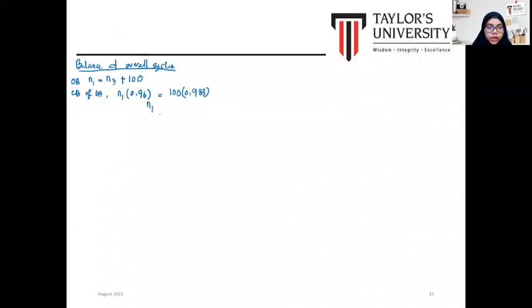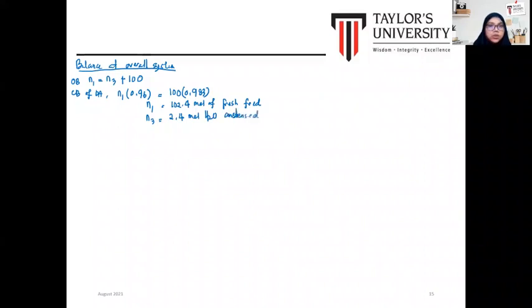So N1 equals, let me check the answer, 102.4 moles of fresh feed. Okay, and then we can determine our N3. If you insert this value, N3 equals 2.4 moles of H2O condensed.